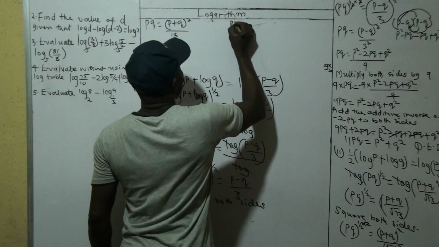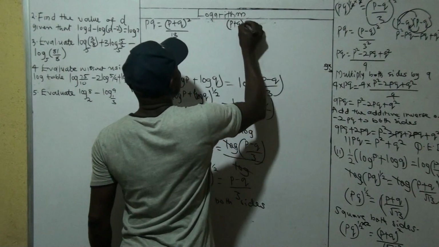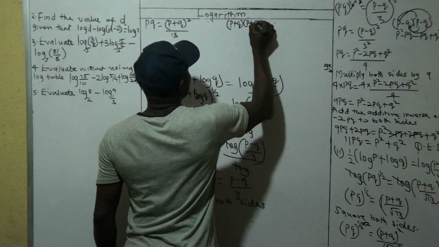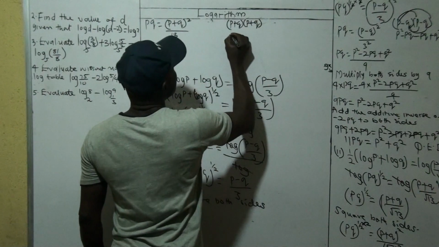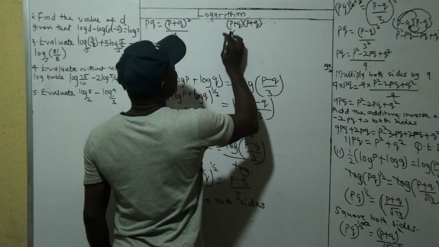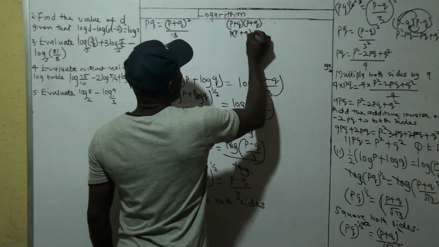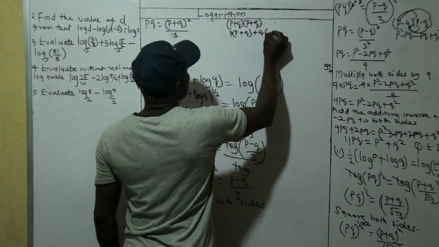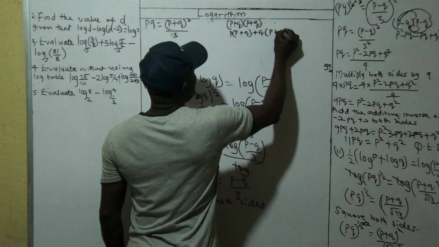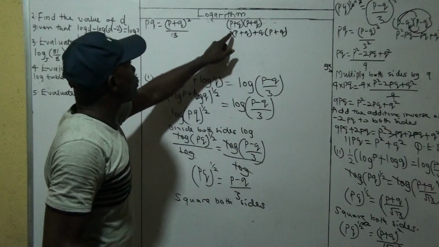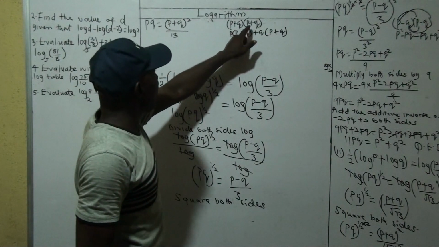So what we need to do here, let's open this expression first. (p plus q), two of it. It simply means that p is multiplying everything in this bracket, and q is also multiplying everything in the other bracket.